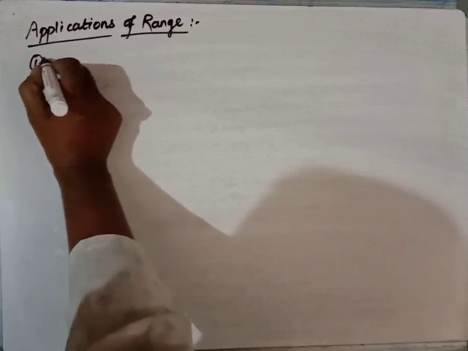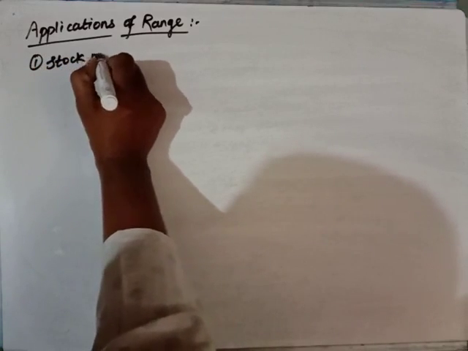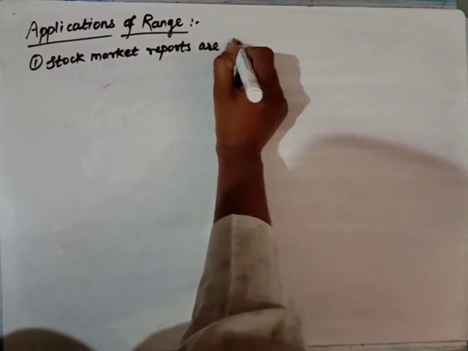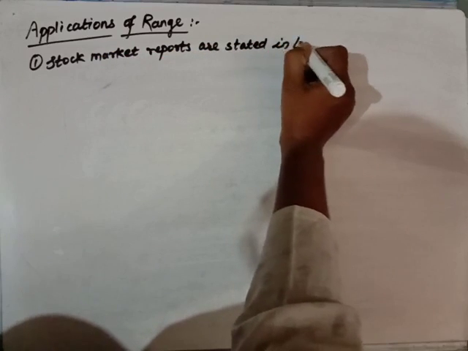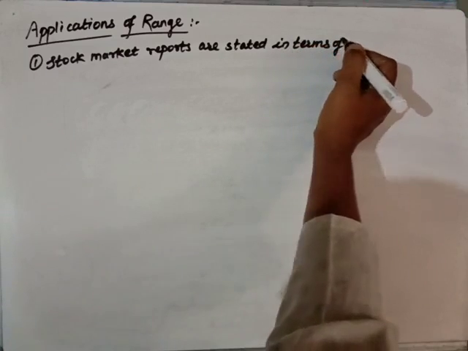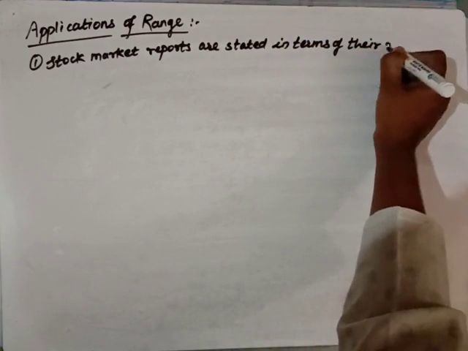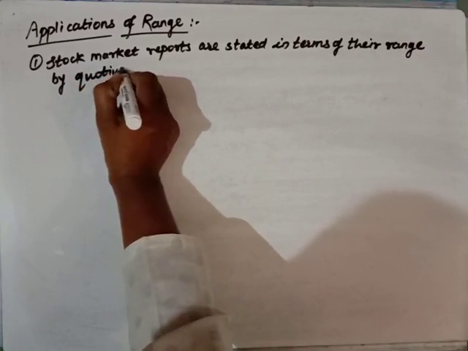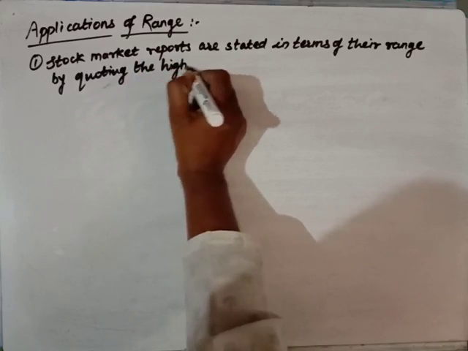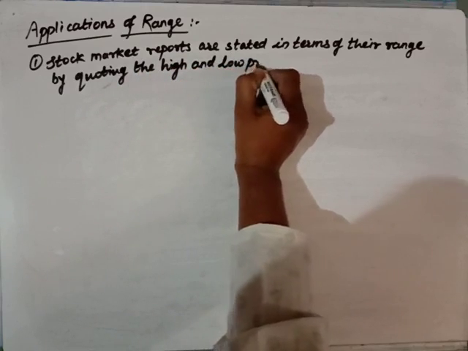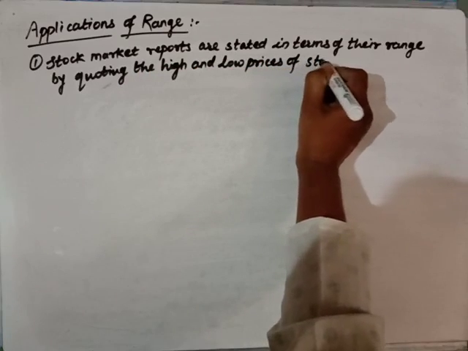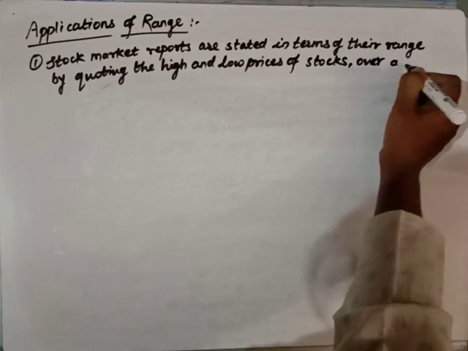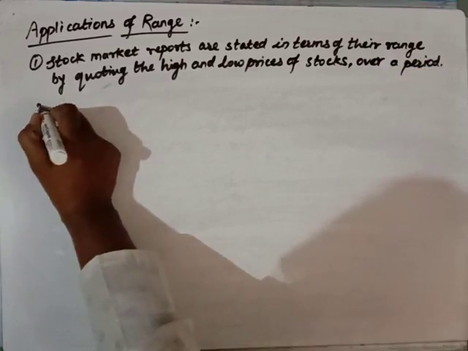Suppose stock market reports are stated in terms of their range, by quoting the high and low prices of stocks over a period. This is one of the best examples for this.